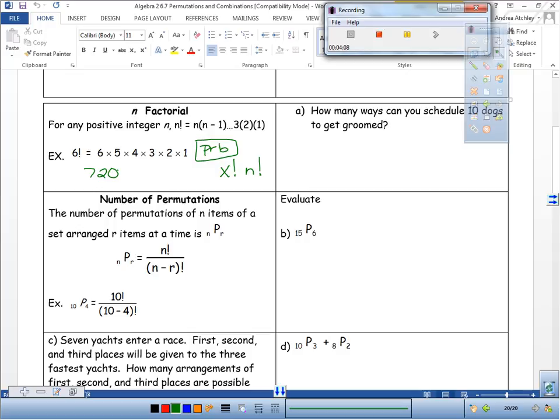Anyone not able to do this on their calculator? You're going to go to the math button, then probability.